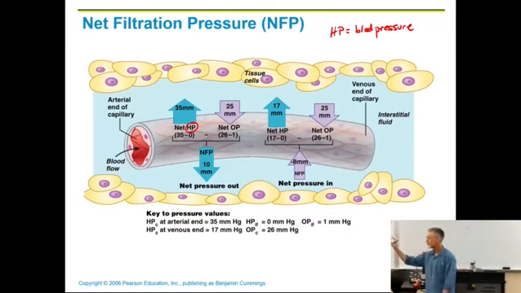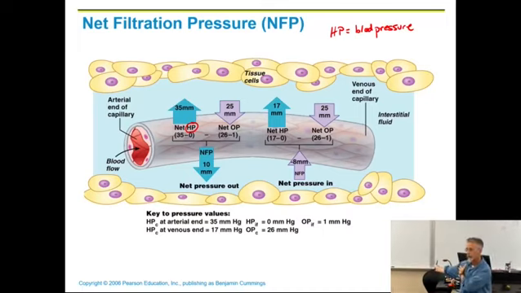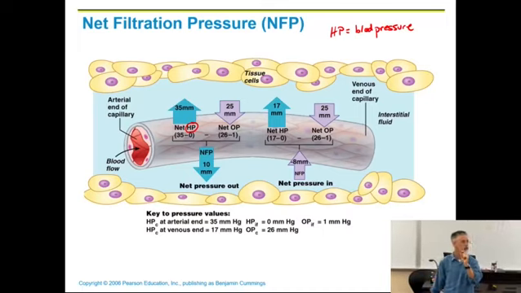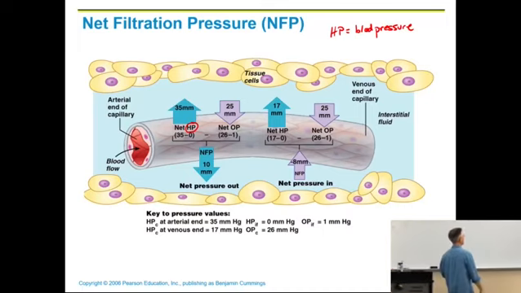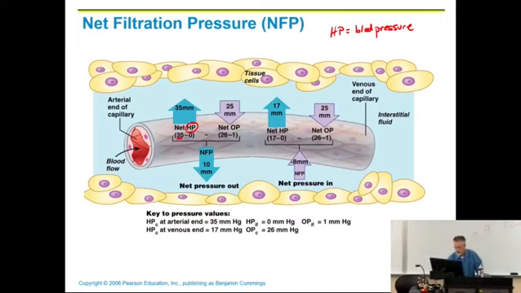So even along a capillary, at the beginning of the capillary, the blood pressure and hydrostatic pressure is a little bit higher compared to the end of the capillary, just because of drag. These are the smallest blood vessels, so there's a lot of drag on that blood, okay? So take a look. At the beginning of the capillary, it's about 35 millimeters of mercury. By the end of the capillary, it's dropped down to about 17 millimeters of mercury.